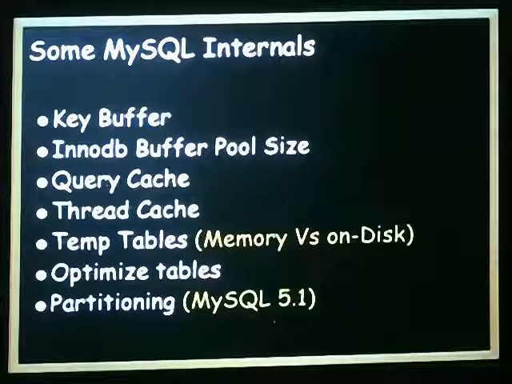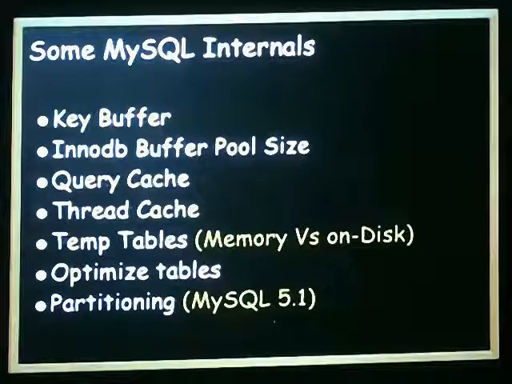The next important part is temp tables. You saw on the Nagios example that I showed you, we have lots of tables on the disk. That means either we don't have enough space in the memory allocated for them, or they have a text or blob column. We have quite a lot of temp tables on the disk, and I'm trying to avoid that.